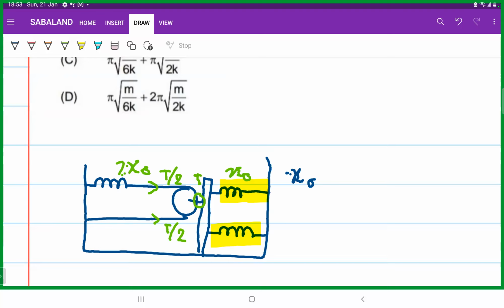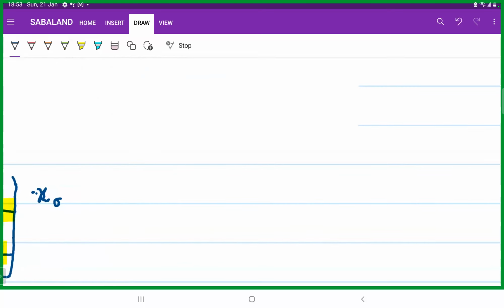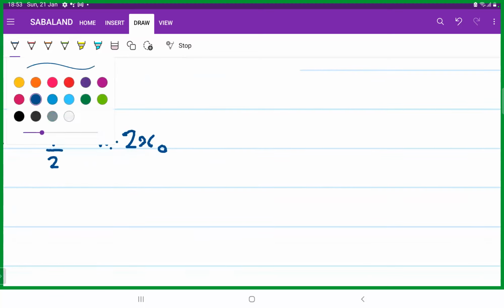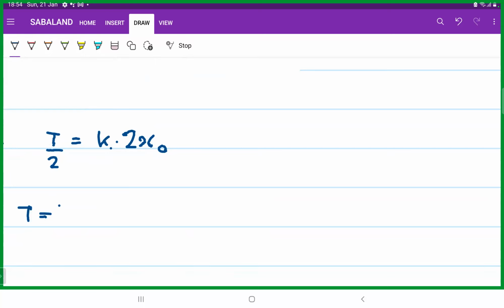Okay, this displacement will be 2x naught. I'm not going to show you the derivation. It's very easy. So anyways, now let us equate the forces. T by 2 is equal to k times 2x naught. Okay. So the value of tension is equal to 4k x naught.